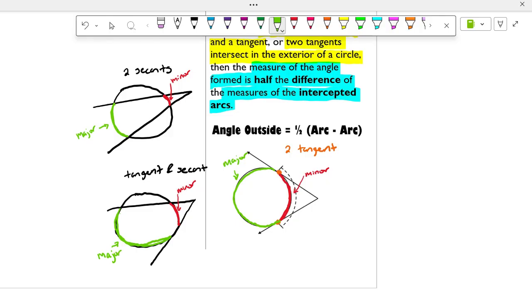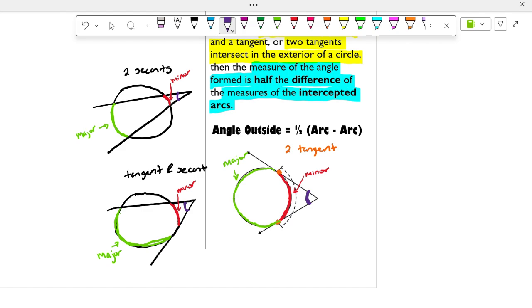Now, regardless of the configuration, whether it's 2 tangent, 2 secant, or a tangent and a secant, the rule is still the same. It is still the outside angle. So this angle right here. So this is for all of these.